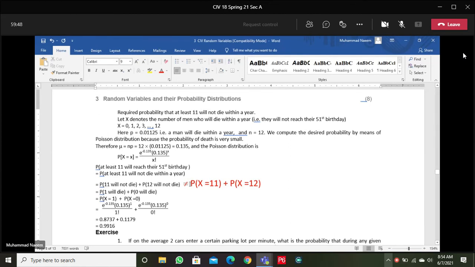So here I have mentioned this thing with a bold font and red highlighted.